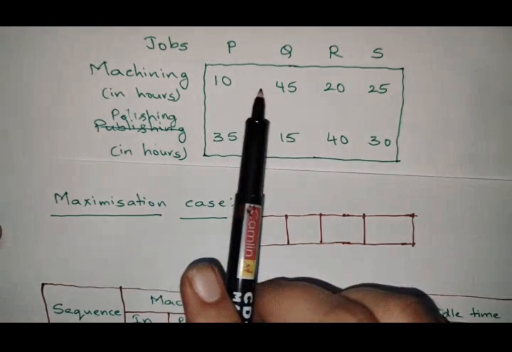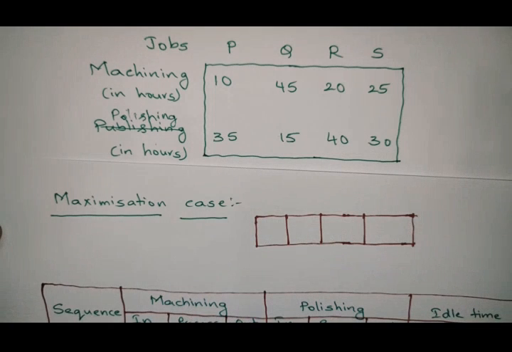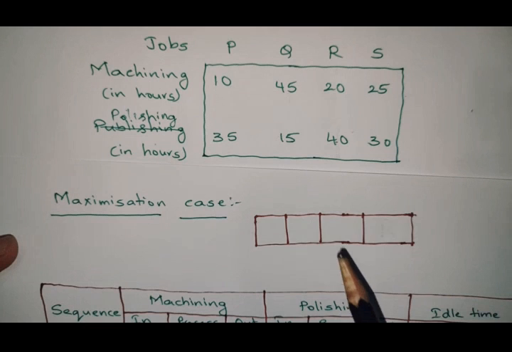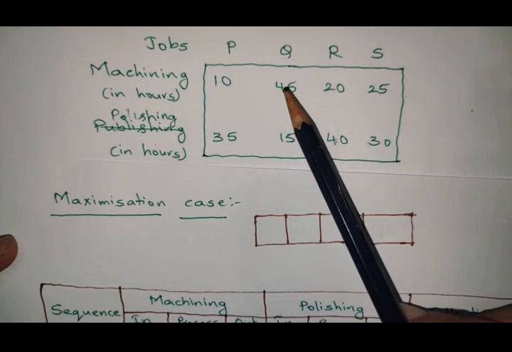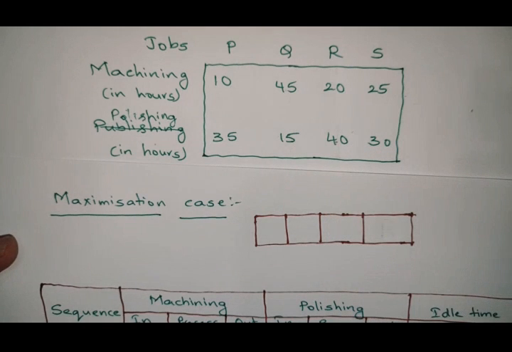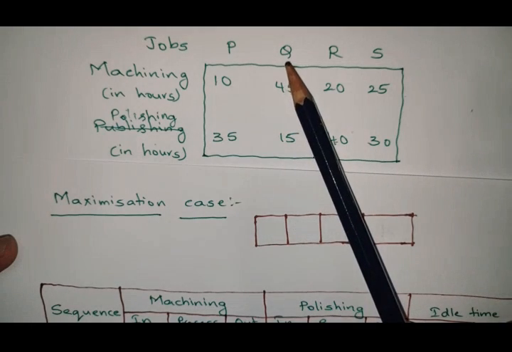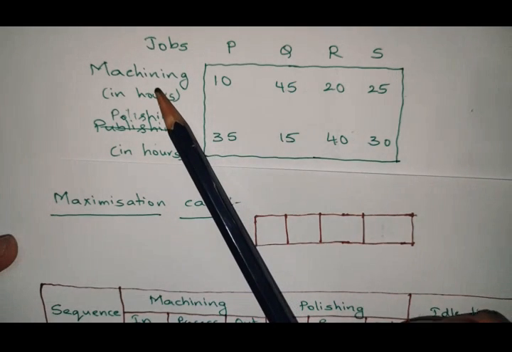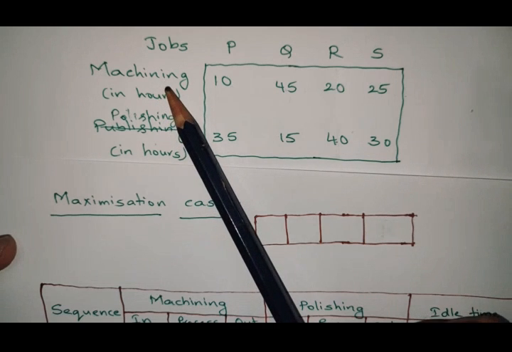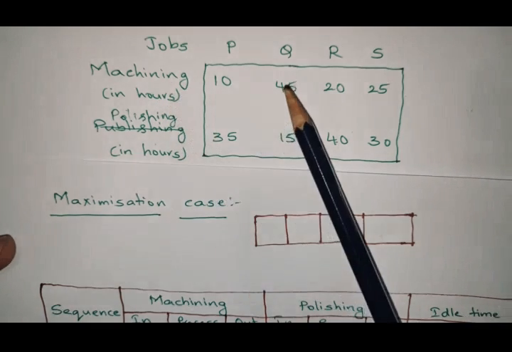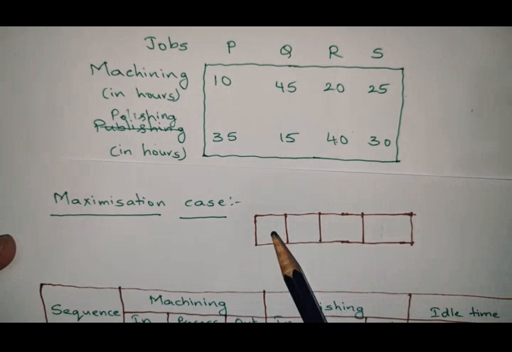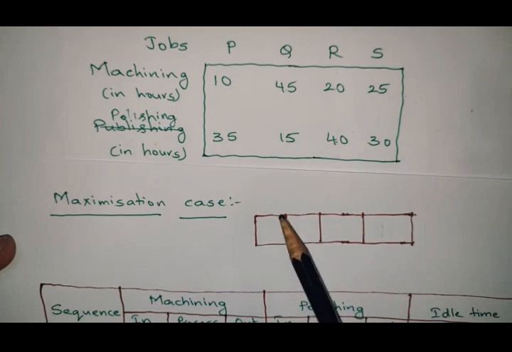Among the 8 values of time estimates, the maximum value is 45, corresponding to job Q, which is on the first process, machining. So we need to write Q on the left side of the table.